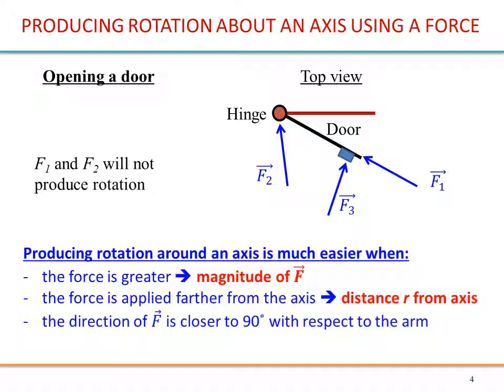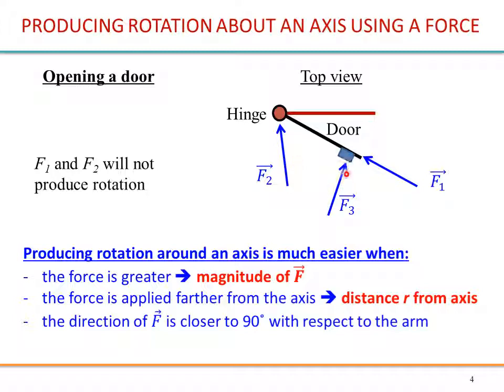So what is important is that the force must be applied far from the axis. The line should not cross the axis. So distance from the axis is an important factor.